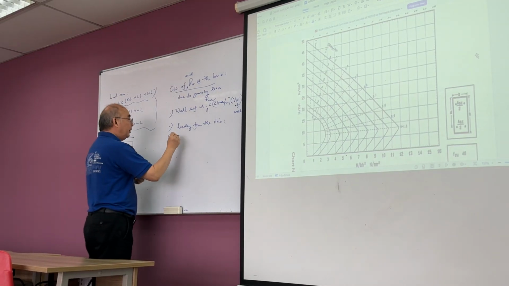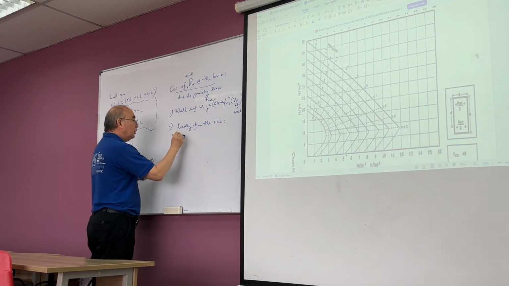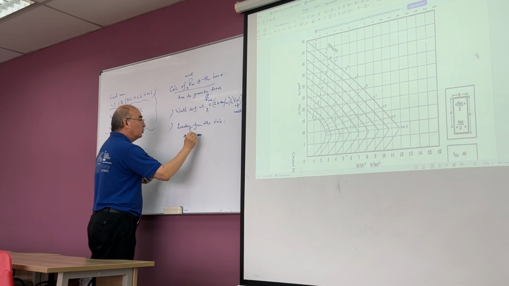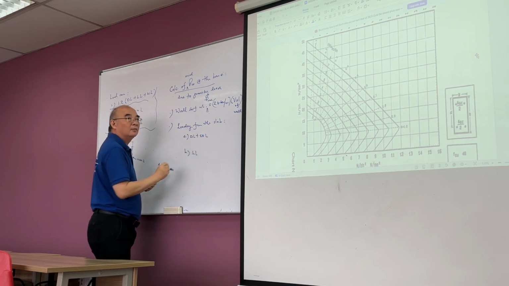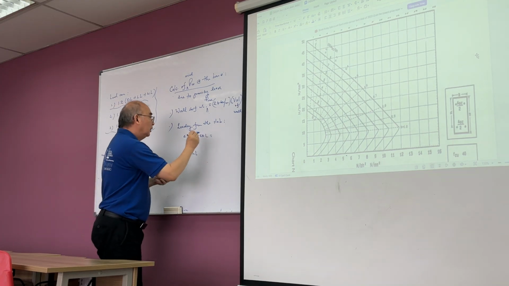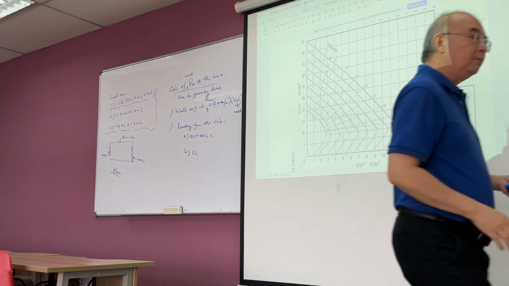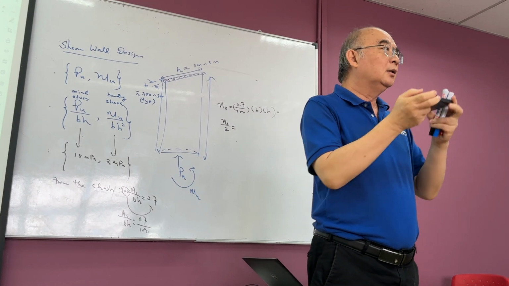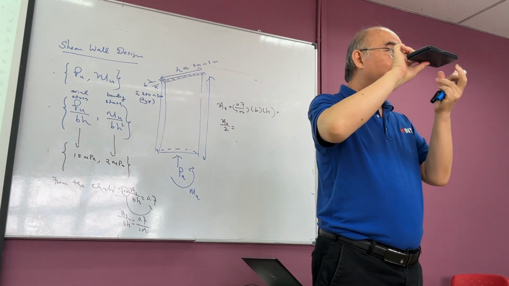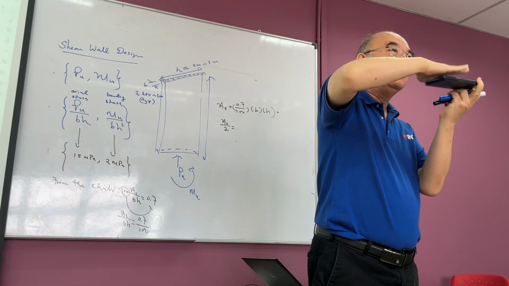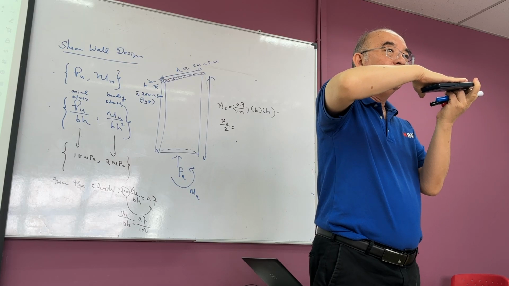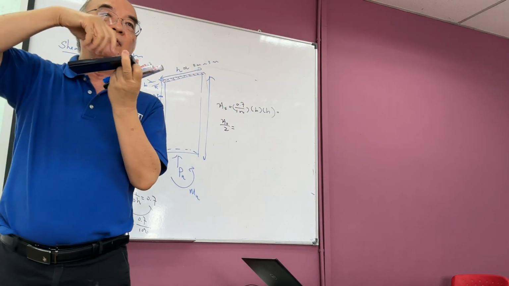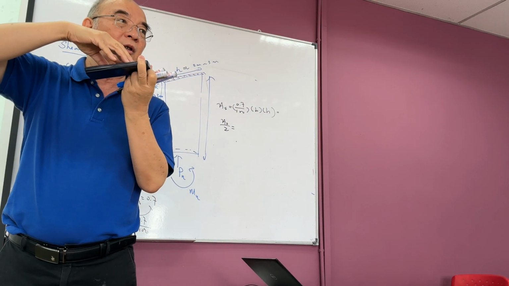So loading from the slab has two types. One is the dead load plus superimposed dead load, and then B is the live load. The dead load plus superimposed dead load, this value will be given to you. They include the self-weight of the slab and the superimposed dead load on the slab. Okay, understand? And then we have the superimposed live load, people walking on the slab and so forth. Right?